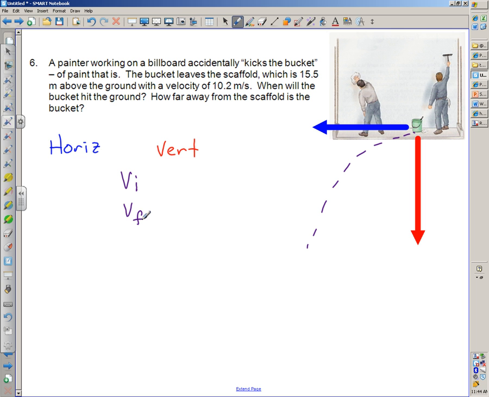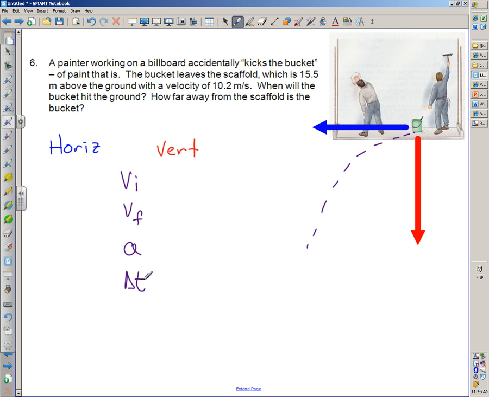So we want to know its velocities. How fast was it going at the beginning of this motion? How fast is it going at the end? What else might we want to know? We'd want to know its acceleration, because that causes the velocity to change. What else? The time during which this motion occurs. And then, one more thing.